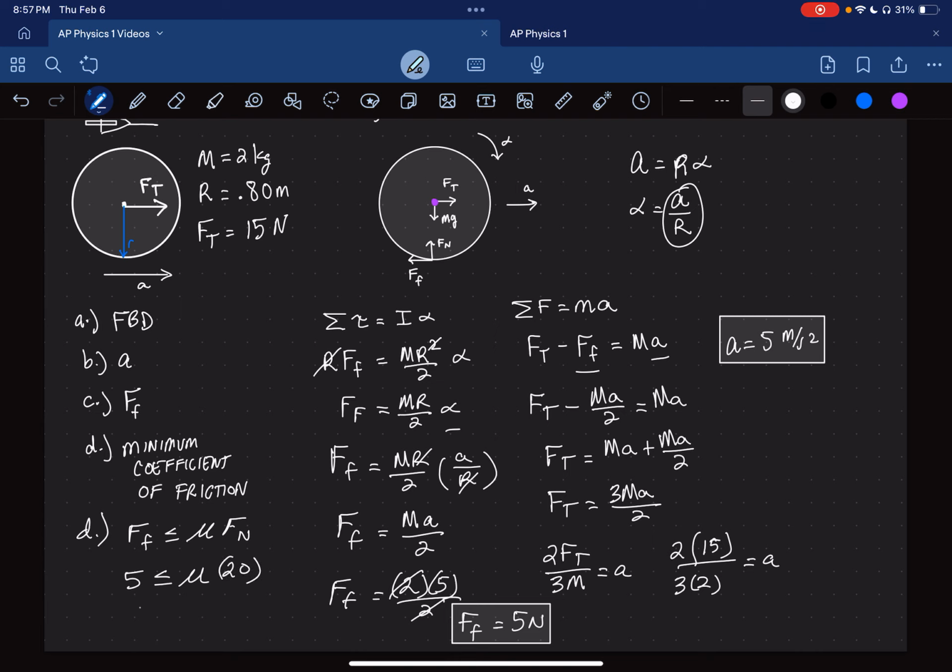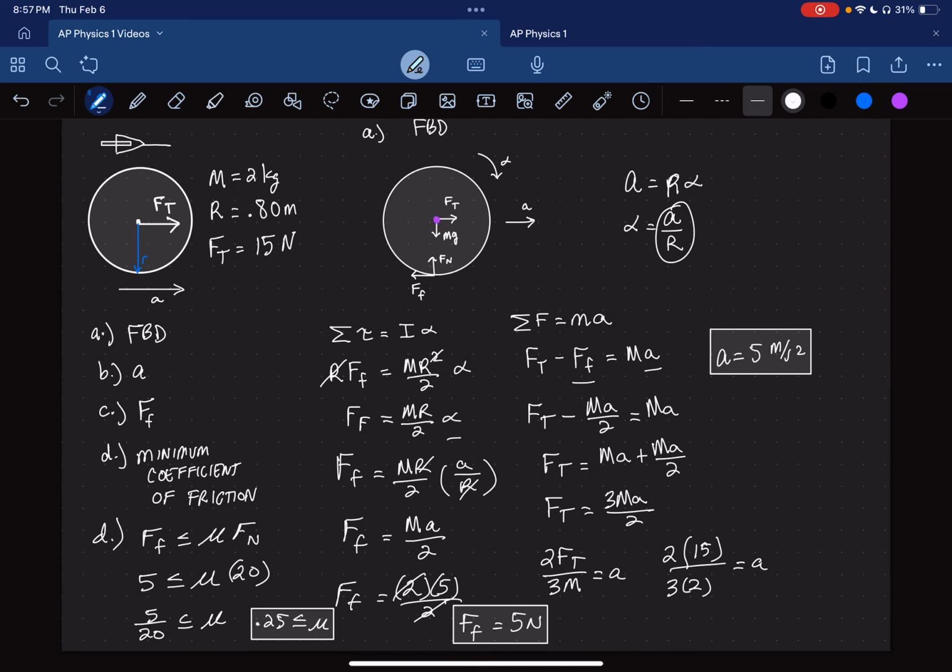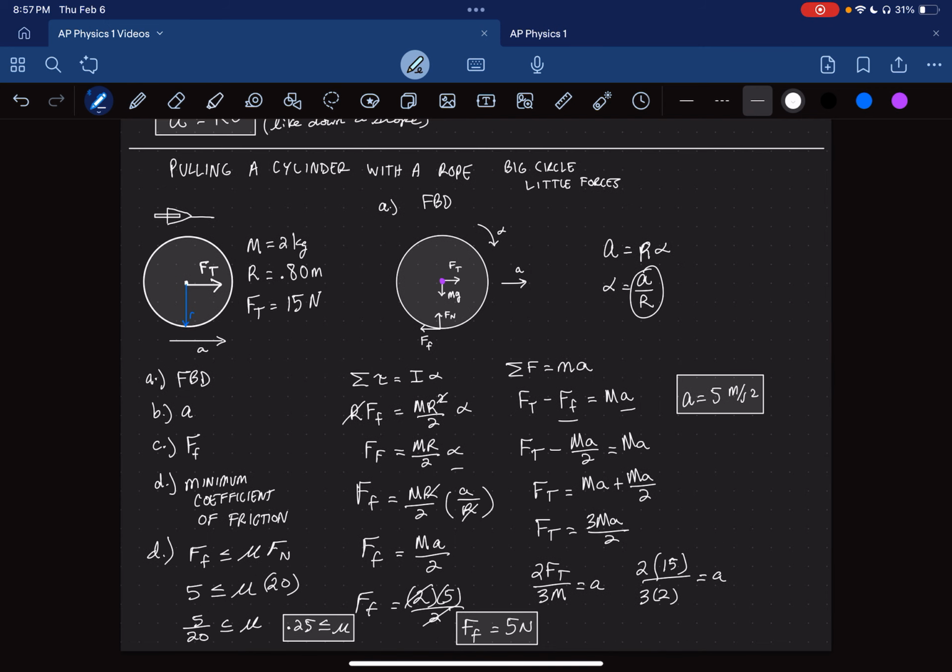We'll divide both sides by 20. 5 over 20, okay, I'll write it. 5 over 20 is less than or equal to mu, which is 0.25. So the minimum, in other words, the minimum must be 0.25. Could be greater, but the minimum is 0.25.